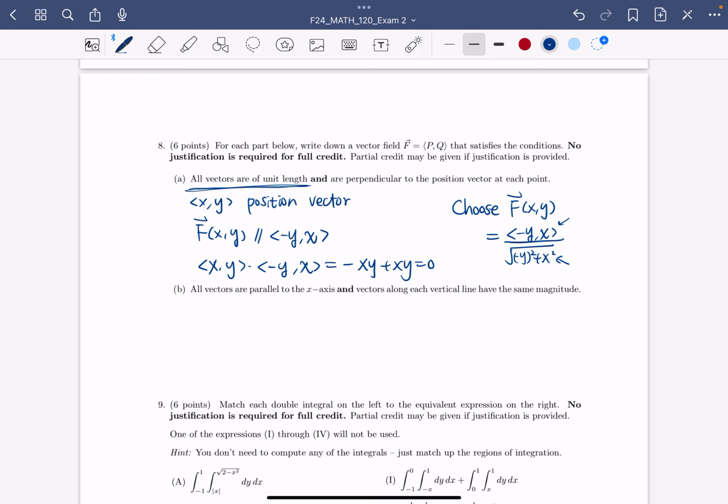Okay, for part B, all vectors are parallel to the x-axis, and the vectors along each vertical line have the same magnitude.